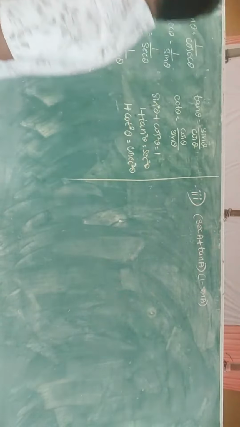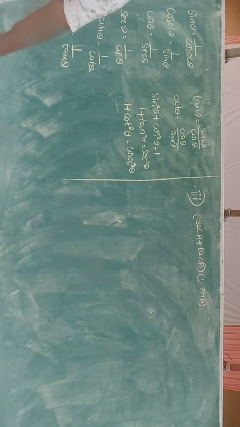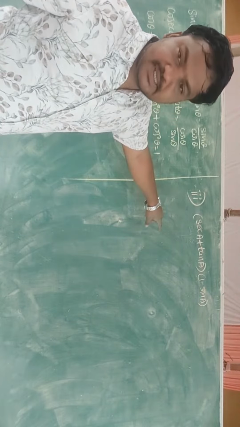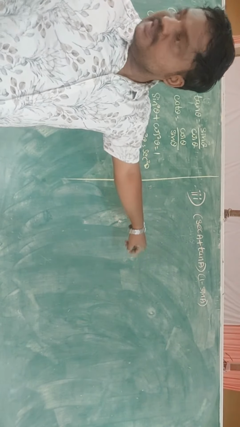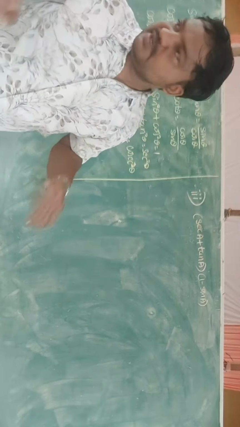See here, always try to convert the sec, tan and cot trigonometric functions into the form of sine and cos. It is a simple way, complex into simple.